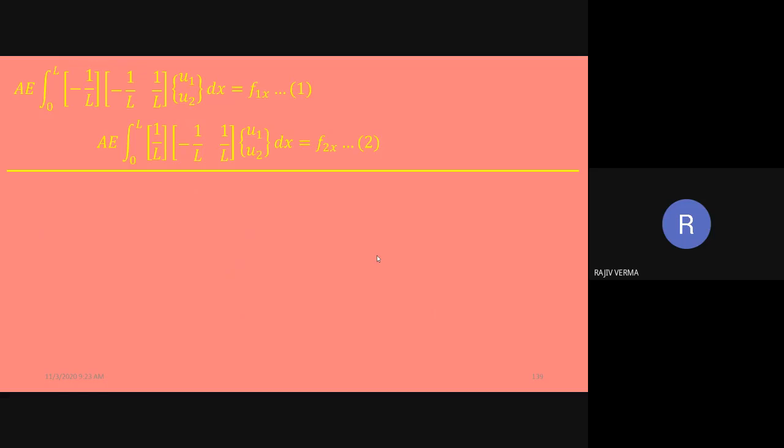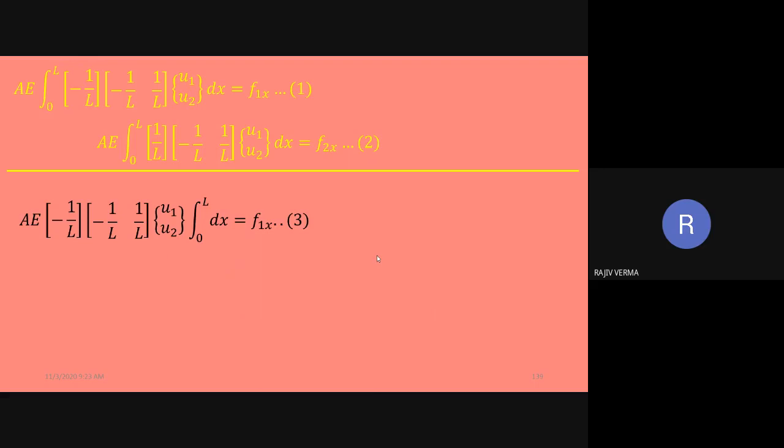So we have two equations, equation number 1 and equation number 2. And we are going to solve equation number 1. And since in equation number 1, all the terms happen to be constant, since L is known, L is the length of the element, they have been kept outside the integral term.